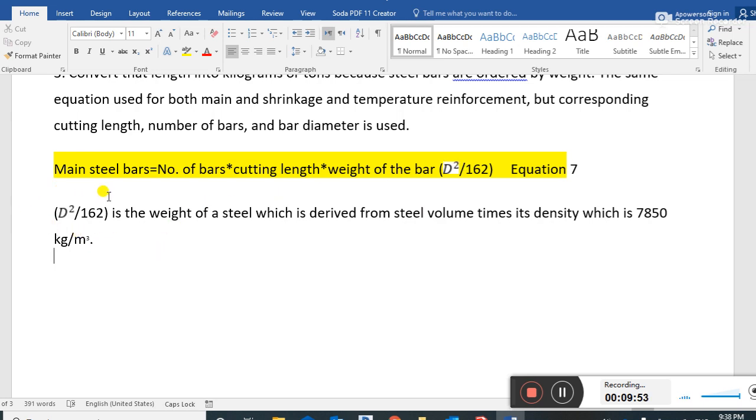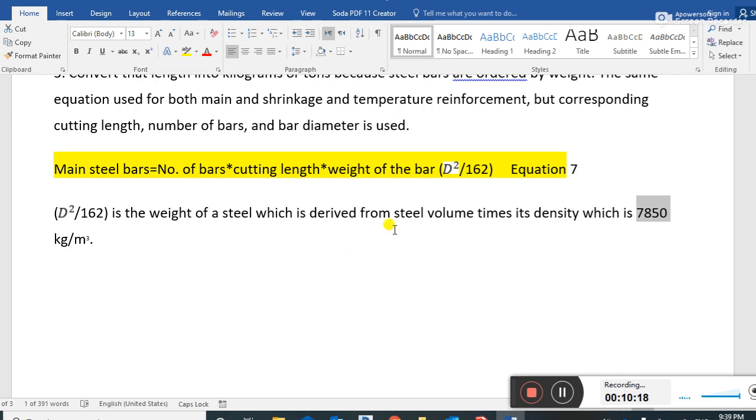What is D square upon 162? This is the weight of steel bar per meter. It is the weight of the steel, which is derived from steel volume times density, which is 7850 kilograms per meter cube. Guys, this is the equation.